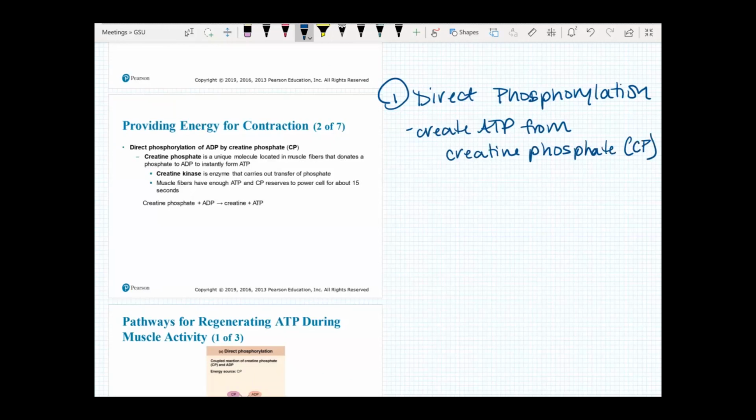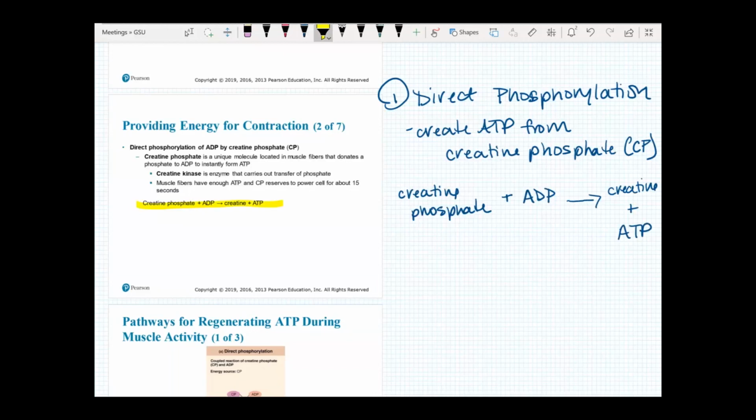So the biological mechanism, we're going to take our creatinine phosphate and add that to ADP, because that's a diphosphate, and guess what? Here's our phosphate, here's our phosphate. This will actually create creatinine as a byproduct plus ATP.